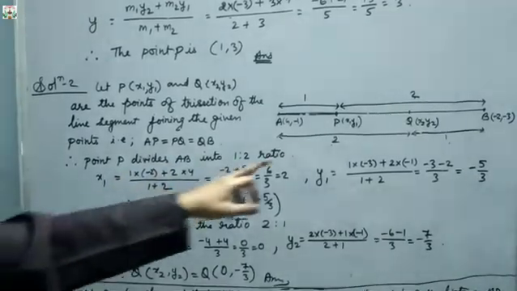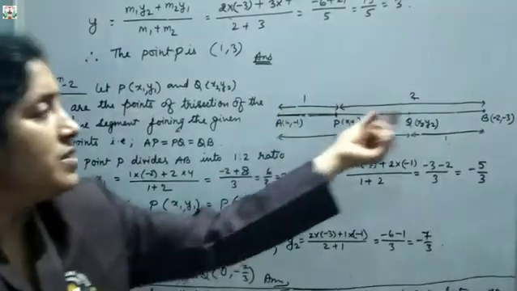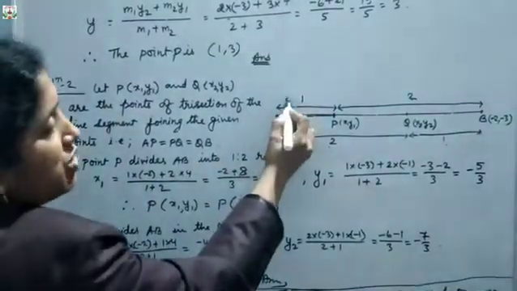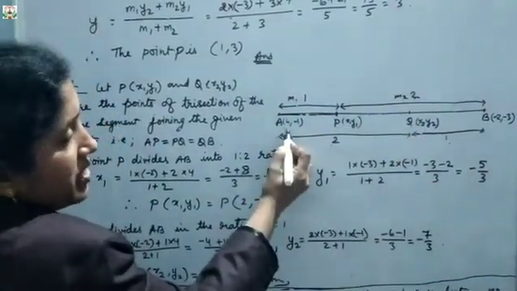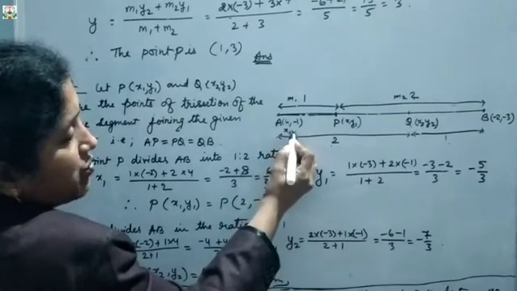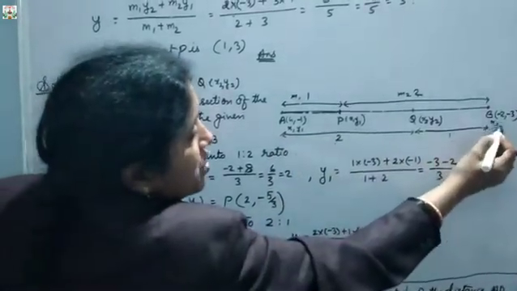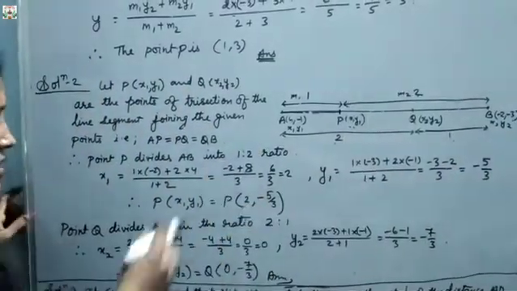Put the values. For P point this will be m1, this will be m2, this particular will be x1, y1 and this point will be x2, y2 and this is x and y.